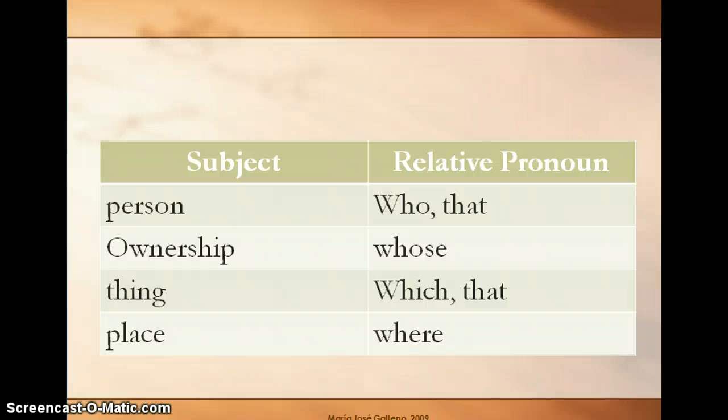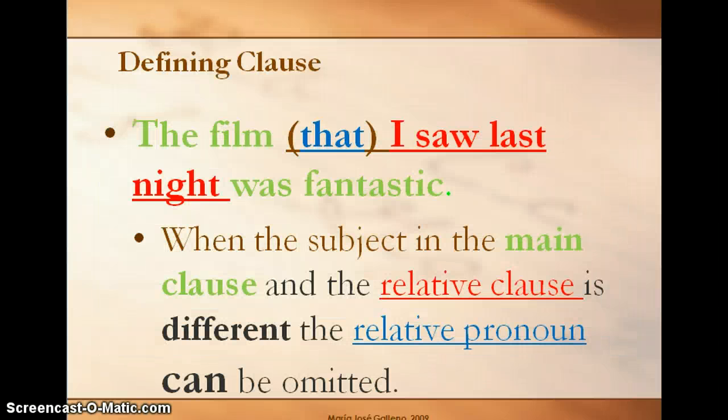And for those of you who feel a bit more adventurous, there are moments where you can omit the relative pronoun. So for example, let's have a look at the first here. The film that I saw last night was fantastic. Or the film I saw last night was fantastic. We omitted the pronoun that, and why?